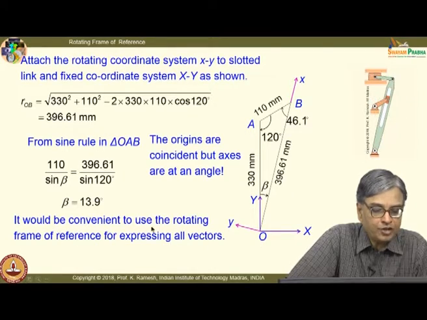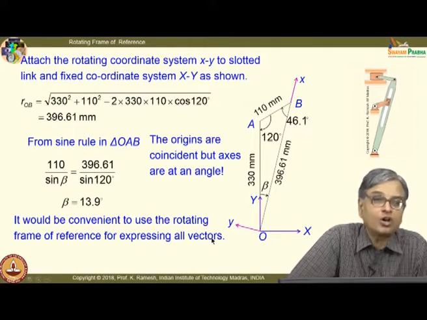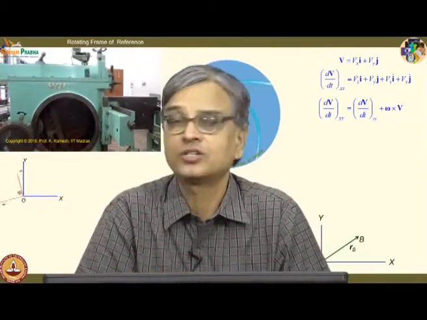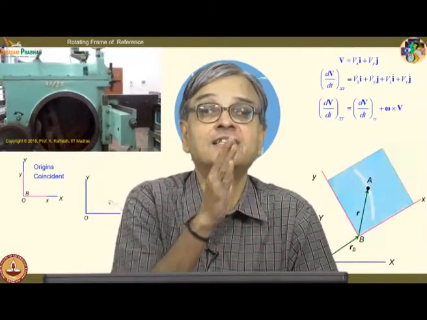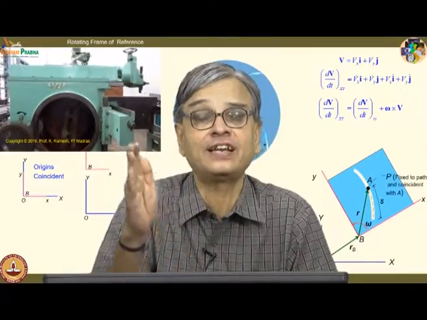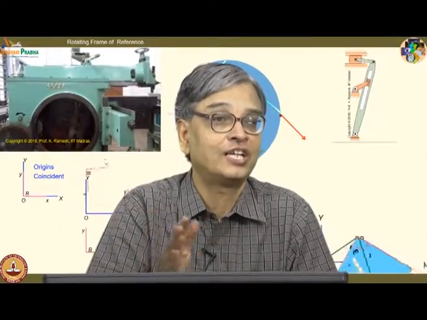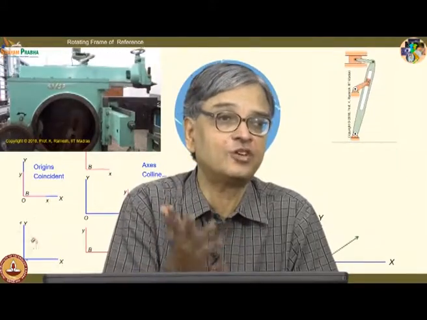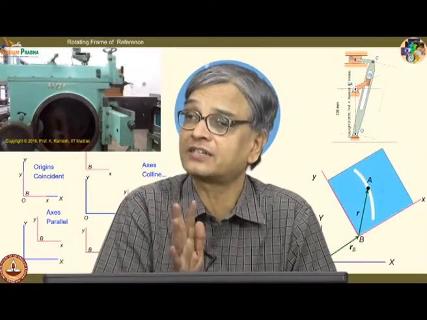It would be convenient to use the rotating frame of reference for expressing all vectors. So, I should have some discipline, because when you have that expression, this is referred with respect to different axes. If they are collinear or parallel or coincident, then there is no difficulty. If they are inclined, then you have to be very careful in handling your vectors.